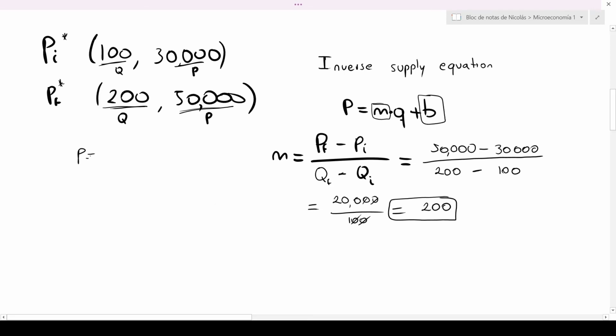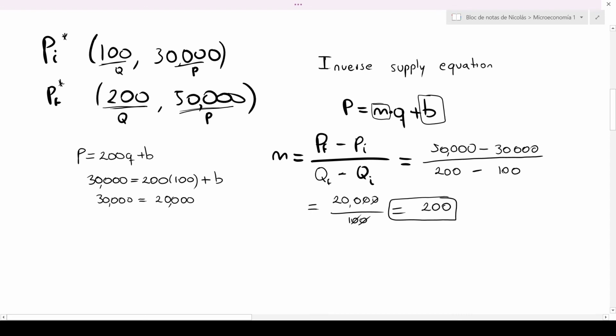So now we know that price is equal to 200 times the quantity plus B. And in order to find B, we'll be replacing price and quantity for one of the points we have. I'll be using point 1, and so I know that the point 1 price is 30,000 and the quantity is 100. And we'll proceed to do the math.